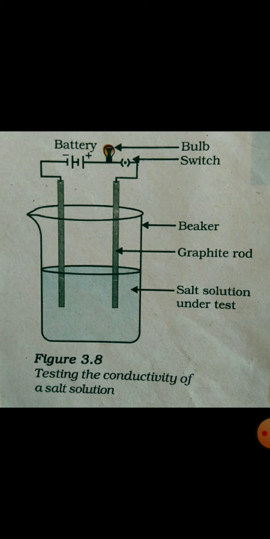Ionic compounds in the solid state do not conduct electricity because movement of ions in the solid is not possible due to their rigid structure. So keep this in mind, that when ionic compounds are in solid form, they cannot conduct electricity because there will be no movement of charges.